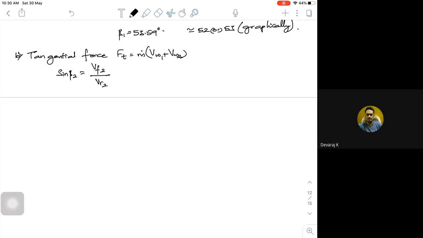And we have beta 2 is equal to alpha 1 and Vr2 is equal to V1. So this condition prevails. So if I substitute, this will become sine 20 is equal to Vf2 divided by Vr2, which is your V1, that is 160. So Vf2 and Vf1 both are the same, which is 54.72.